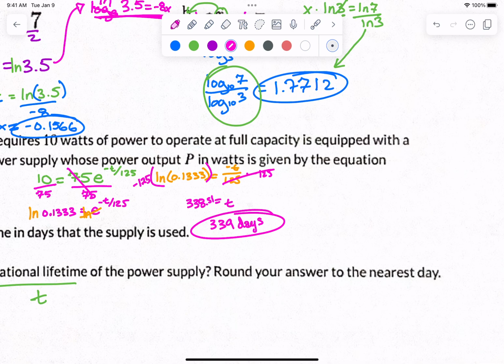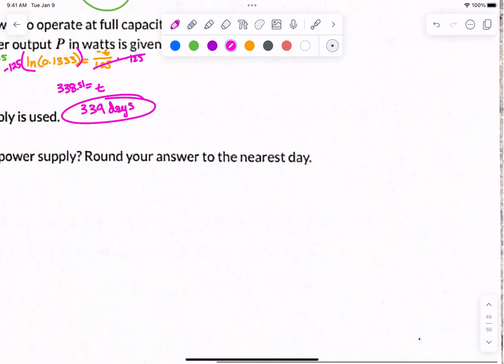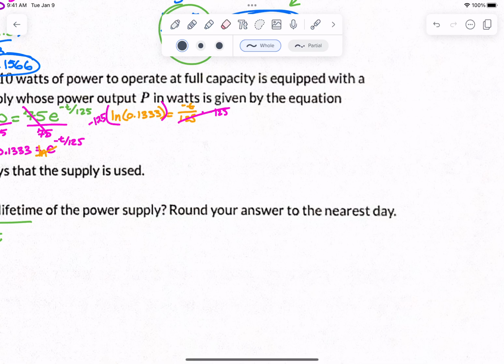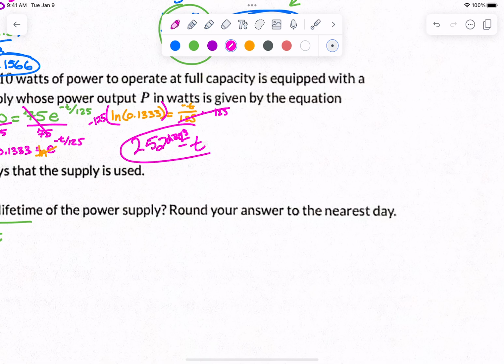I don't know what's happening in my calculator. What is the lifetime? Is it negative 52? No, you have to divide by negative 125. Okay, sorry. So it's 252. Multiply by negative 125. Okay, 252 days.